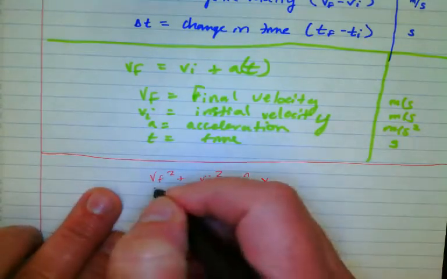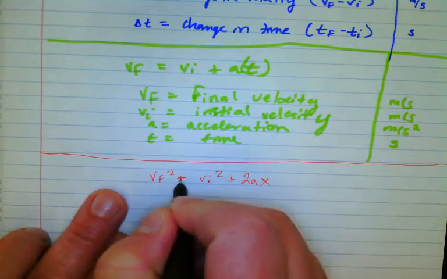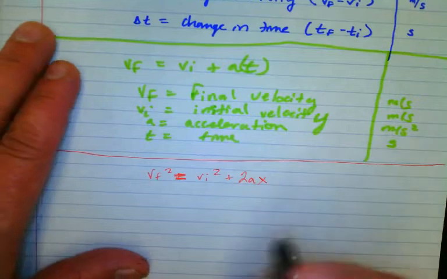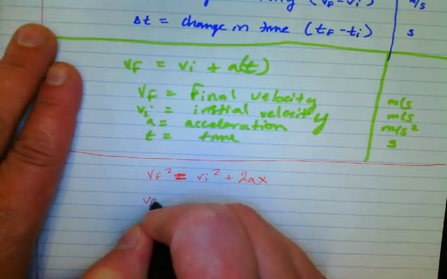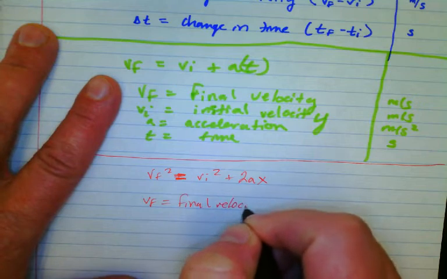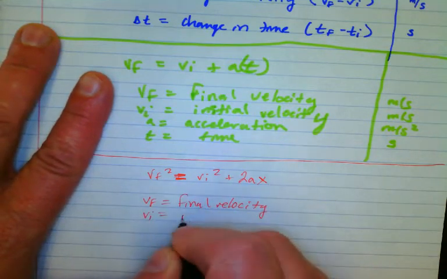Okay. All right. So, sorry, this should be an equal sign. VF is final velocity. VI is initial velocity.